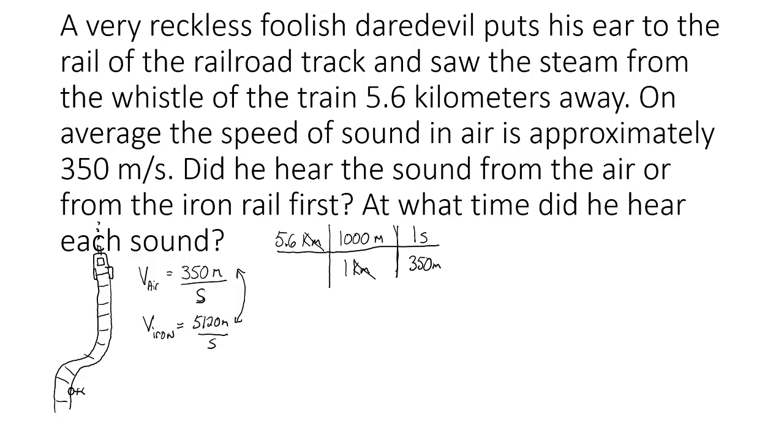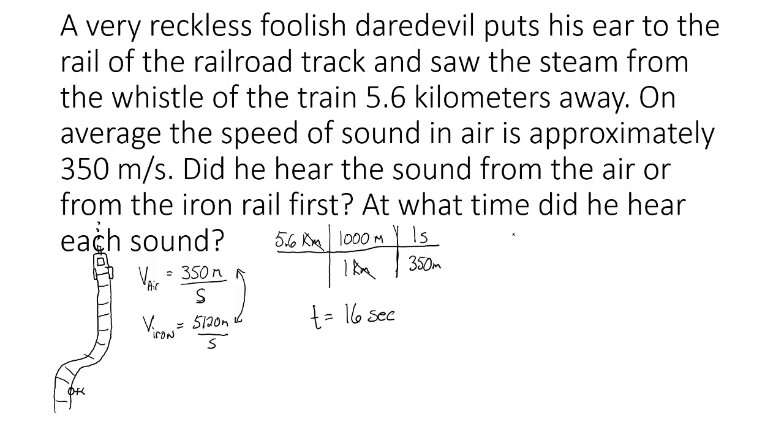So we use our little bit of unit analysis: 5.6 times 1,000, and I said times 350, I meant divided by 350, equals the time is going to be 16 seconds.